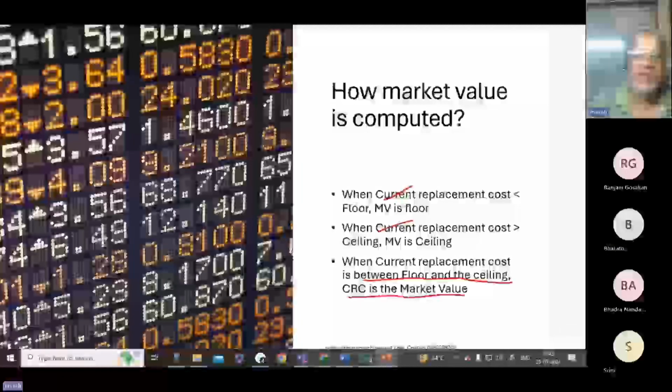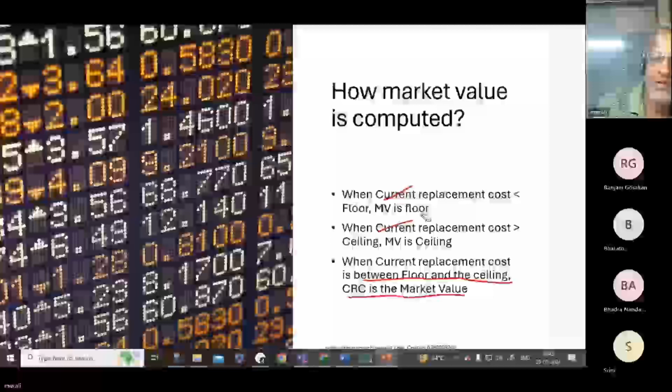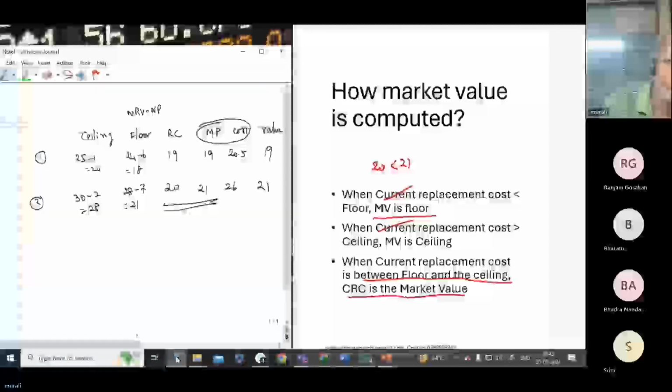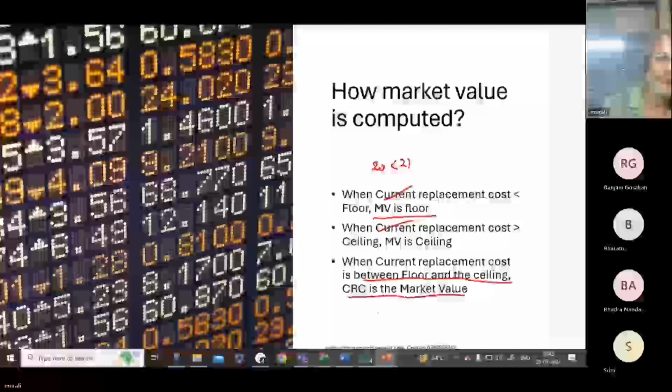When current replacement cost is less than floor, 20 is less than 21. Correct? Therefore, market value is floor. Have you understood?